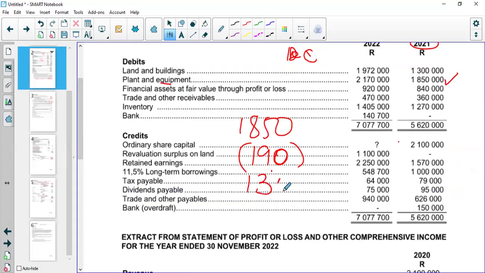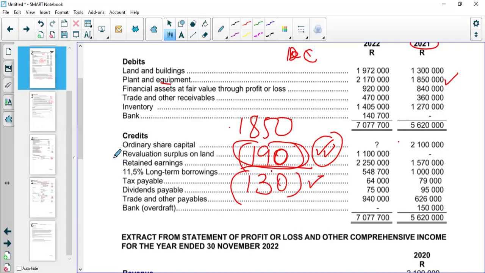We also subtract that. So what we're doing here is that the carrying amount is where depreciation is calculated from, right? So this carrying amount has been removed completely. So it won't be part of the carrying amount at the end of the year. And now, because it's removed, we need to focus on the depreciation for the remaining, which is 130.